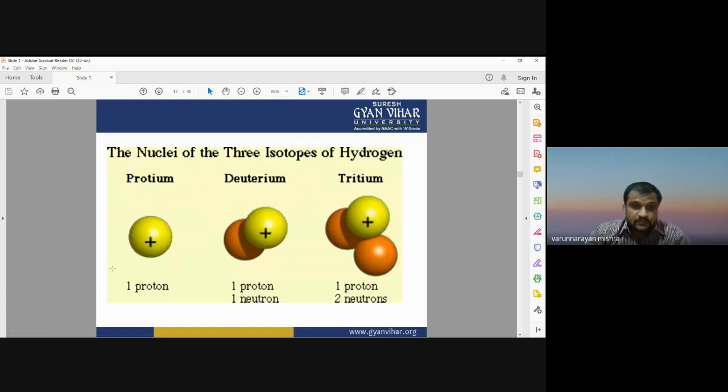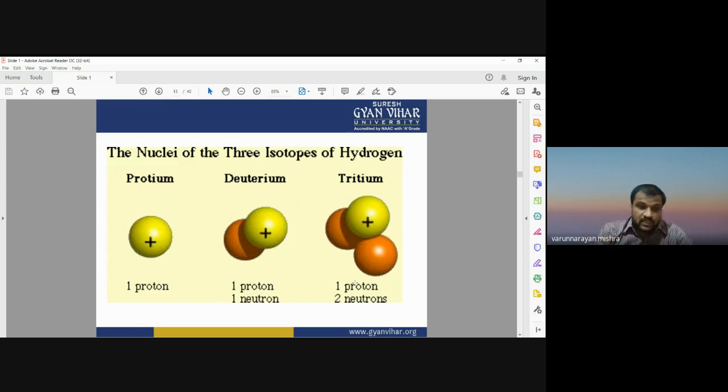This is the nuclei. Nuclei is the plural form of nucleus. The singular form is nucleus, and when we talk about more than one nucleus, we call it nuclei. So these are the nuclei of the three different isotopes of hydrogen: protium, deuterium, and tritium.